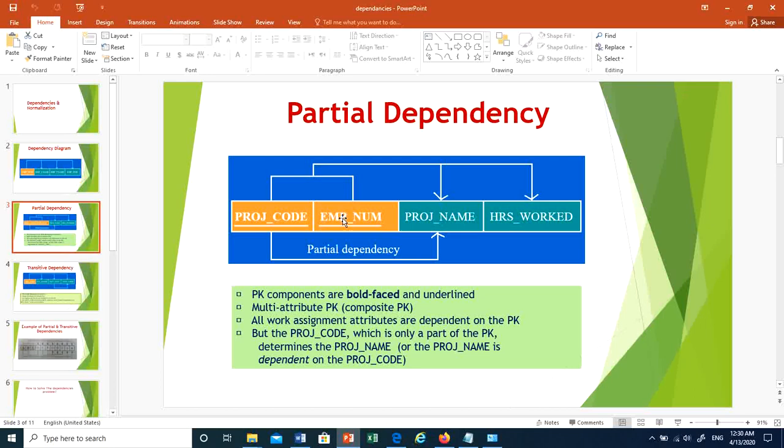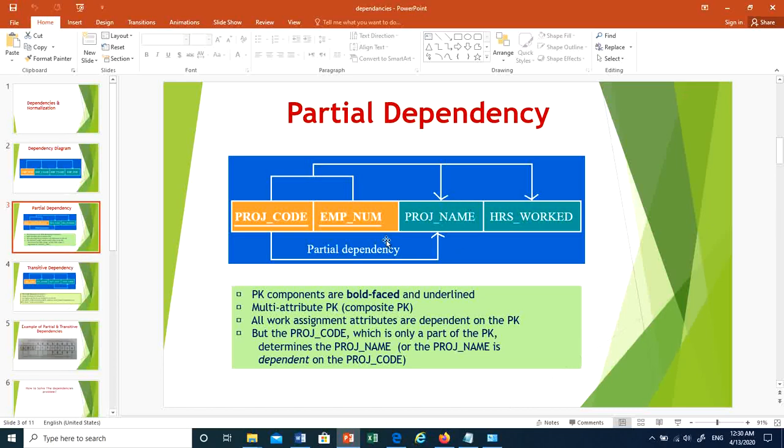These 2 attributes together make up the primary key, and together the 2 of them determine the rest of the attributes, that is project name and hours worked. So it is understandable that more than one attribute, like 2 or more, can also determine the rest of the records, and we call them a composite key.